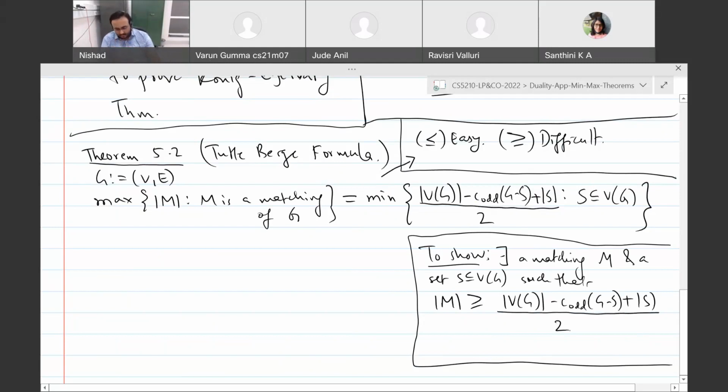And of course, if it is greater than or equal to, then it necessarily implies that the two are equal, because we already know it is less than or equal. Implies equality.